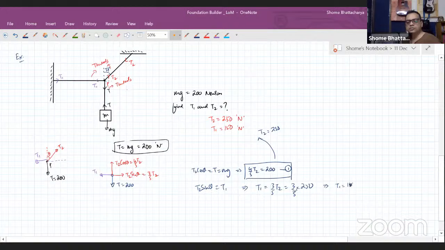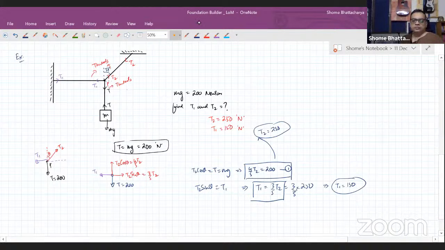So T1 is 150 newtons. Okay, so simple question. All of you should get this correctly.